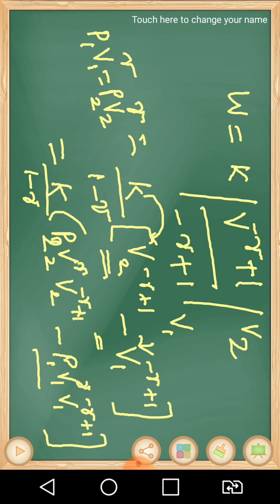ഇവിടെ നമ്മൾ ചെയ്തത് K substitute ചെയ്തു. Here also K. So V2 raised to gamma into V2 raised to minus gamma plus 1, that is V2. Here V1 raised to gamma into V1 raised to minus gamma plus 1, that is V1.